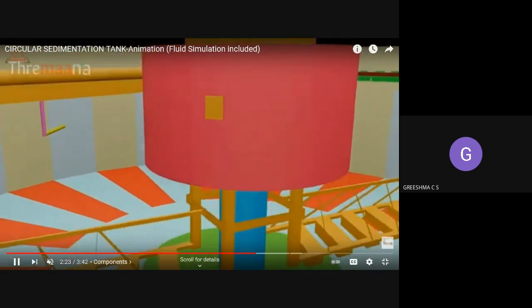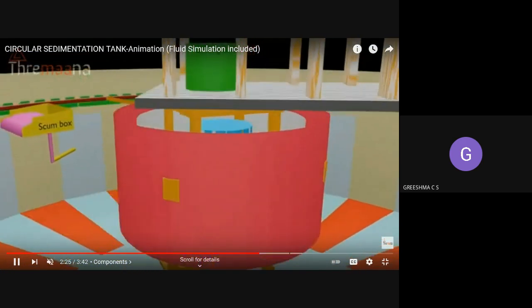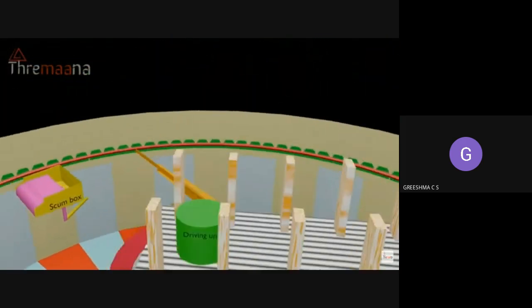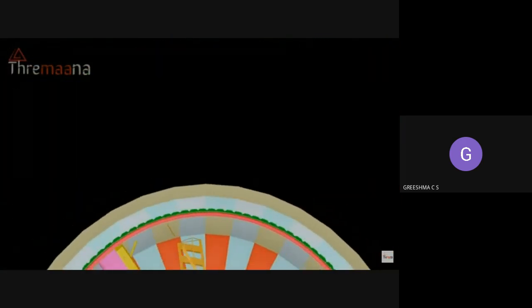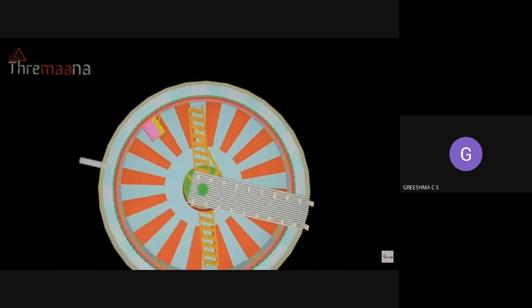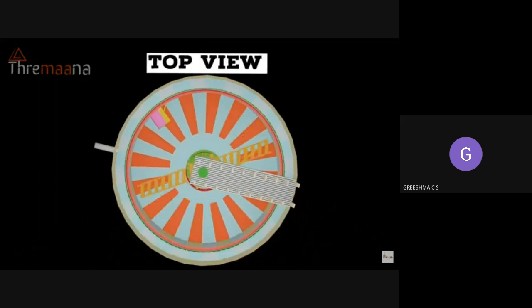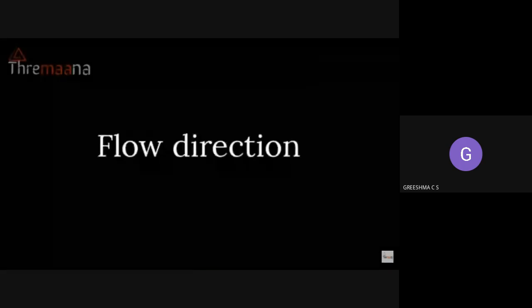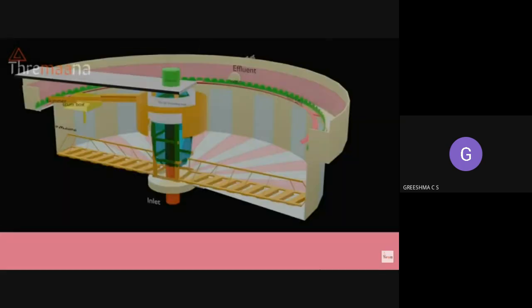This will be rotating. There is a mechanical arrangement, and this girder will be rotating, and through this there will be a radial flow in the pipe.